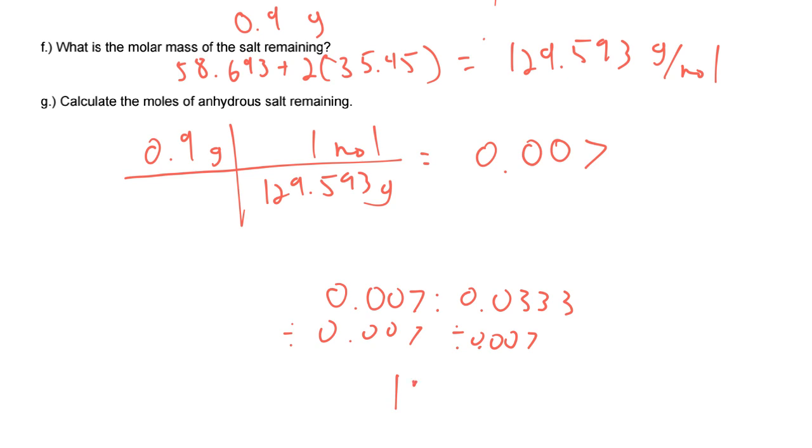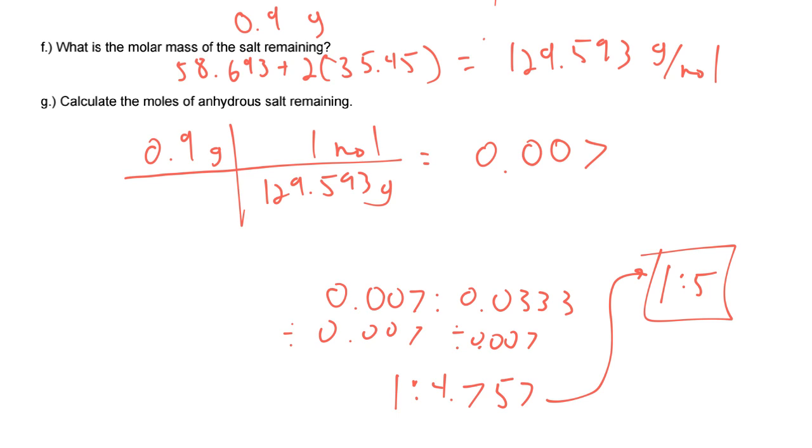So it's like a 1 to 4.757 ratio. And then we would round that up to a 1 to 5 ratio. So that tells us that it's probably a pentahydrate. 5 is pentahydrate. So that's how you finish that problem.